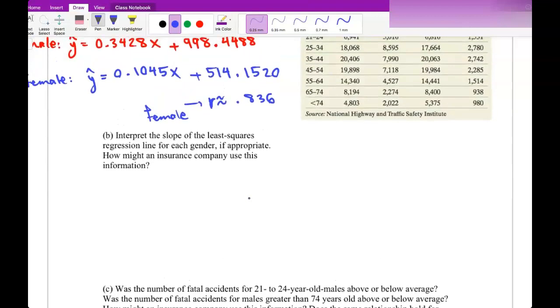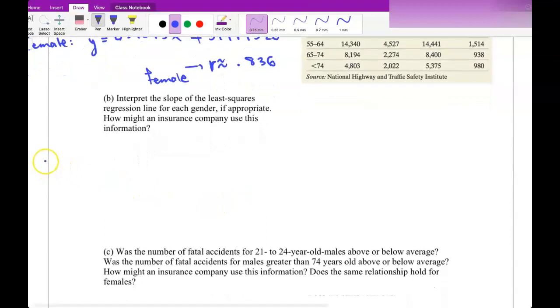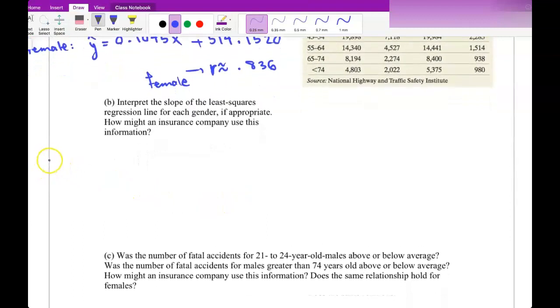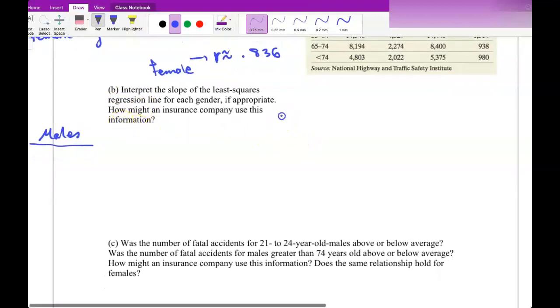Okay, here for males, and on the side I'm writing for females.